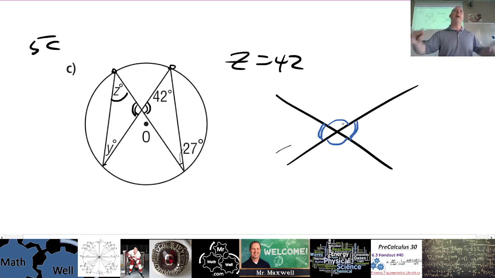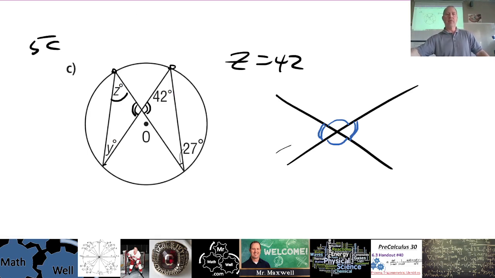So anything that's opposite of a vertex in two straight lines, those are vertical angles, or vertically opposite angles, is the way I learned it back in the day. So vertically opposite angles are always equal. That's a property I'm not sure is explicitly defined in this chapter. I don't remember seeing it, but I think it's assumed that you know this. So these two angles are the same.